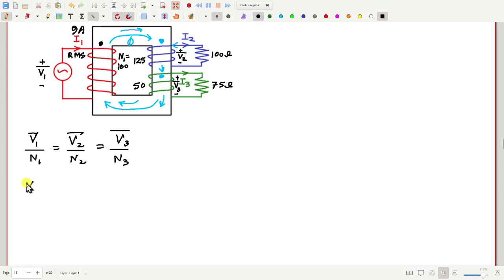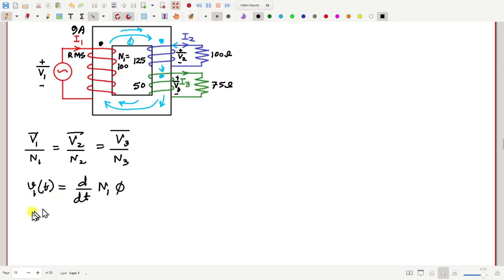is basically, if I write in functional form, v1(t) is the time derivative of N1 times the flux. We are assuming the same amount of flux goes through all three coils, which is not exactly true practically, but that is the assumption we make for ideal transformers: the flux is common for all the coils.